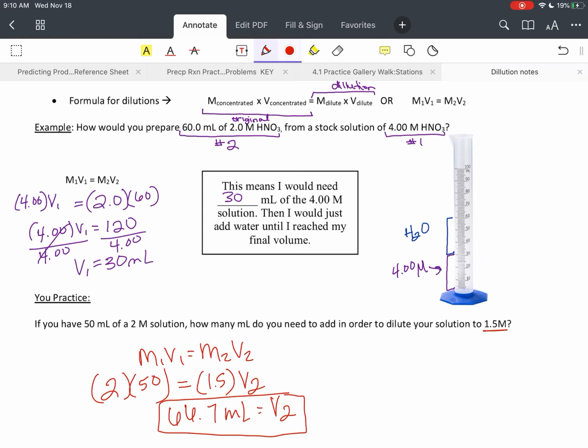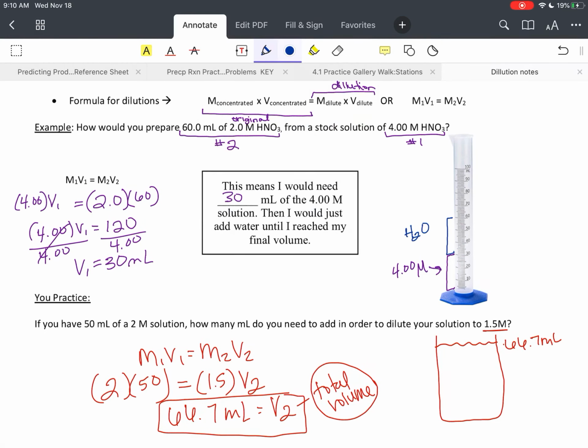So what this is saying is that this is my total volume of my final solution. My final solution is going to be 66.7 milliliters.